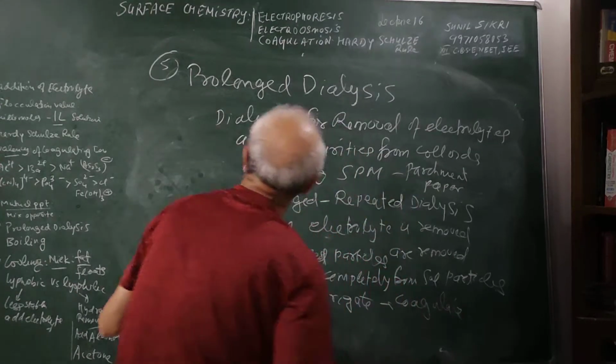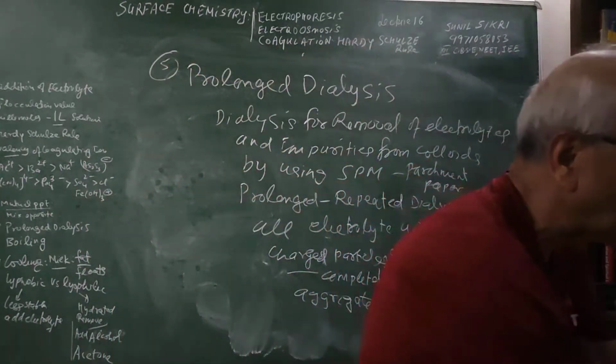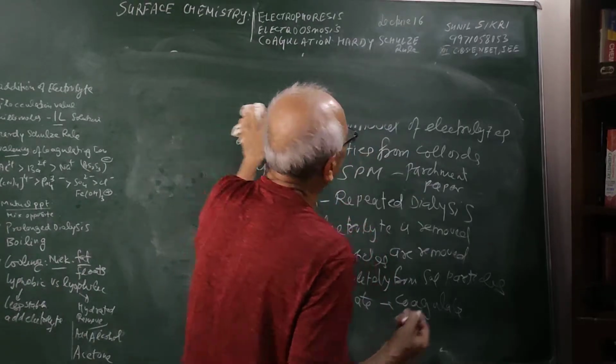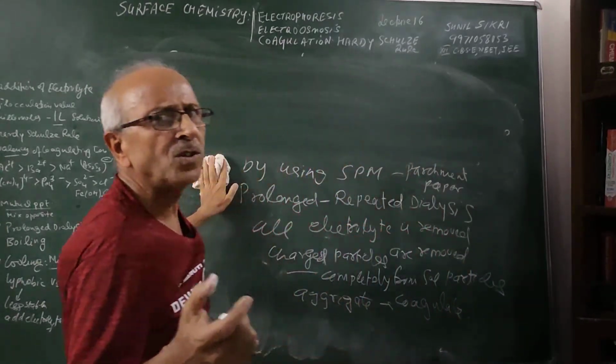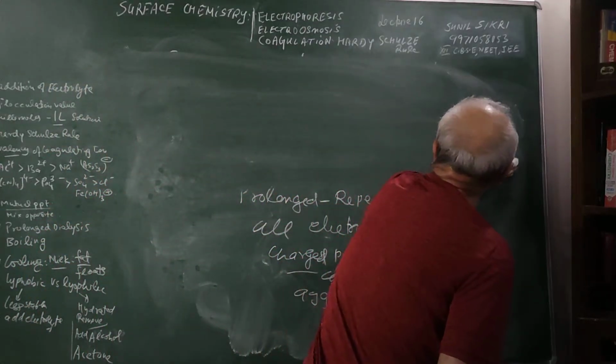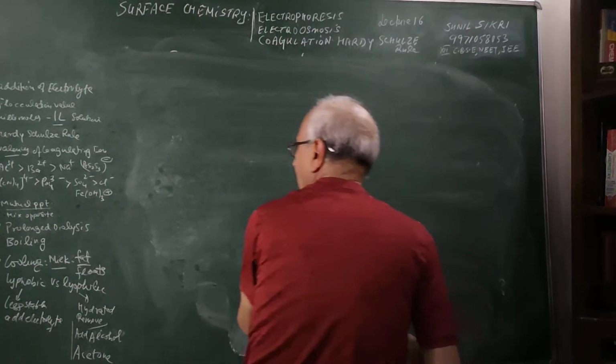This is an example of repeated dialysis. There is no more electrolyte, and some amount of charge is required for stabilization. If that charge is removed, they will collapse together, aggregate together, and hence coagulate.